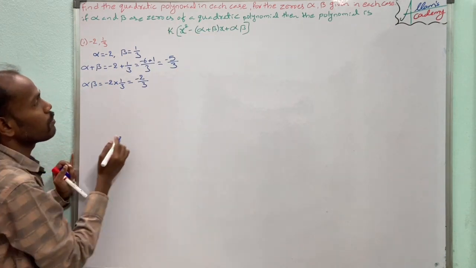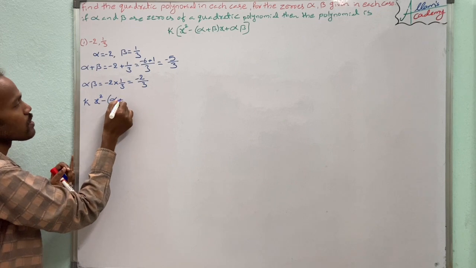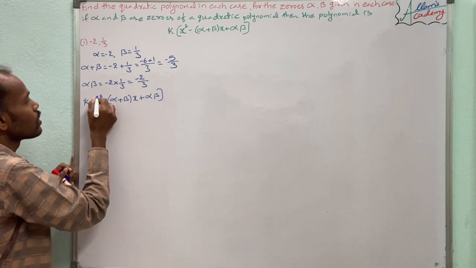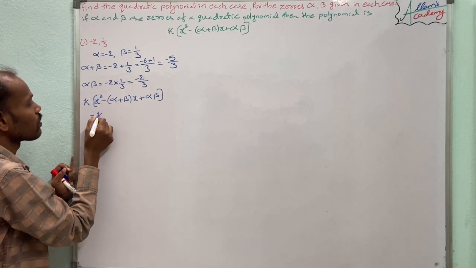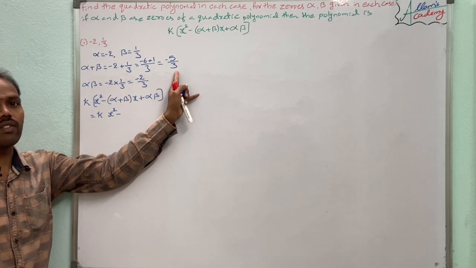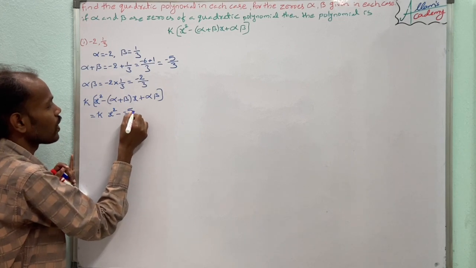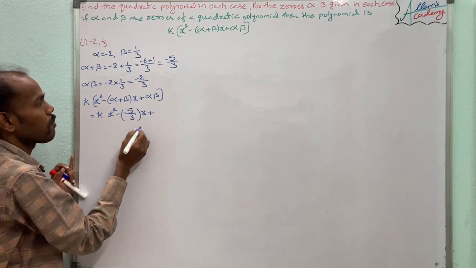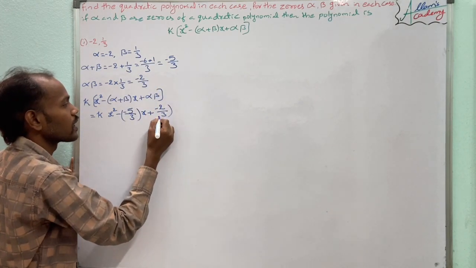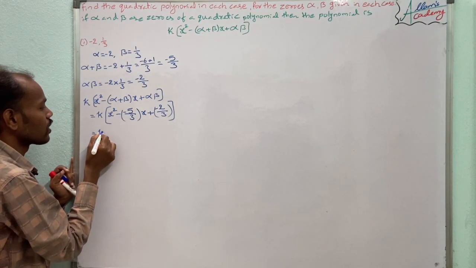So the polynomial is k into x² minus (alpha plus beta) x plus alpha beta. If we substitute those values, alpha plus beta equals minus 5/3, so minus of minus 5/3 into x, plus alpha beta equal to minus 2/3.